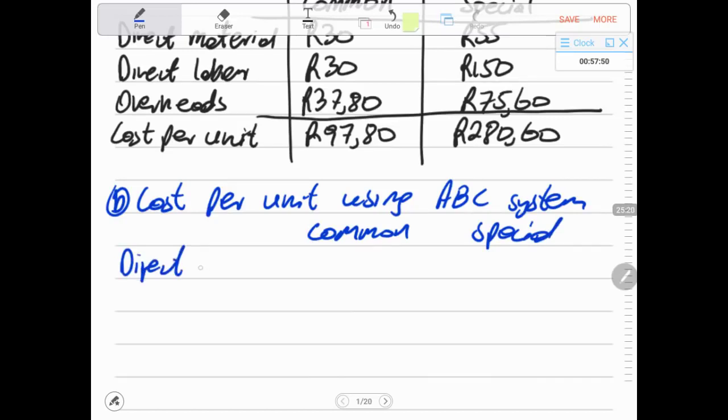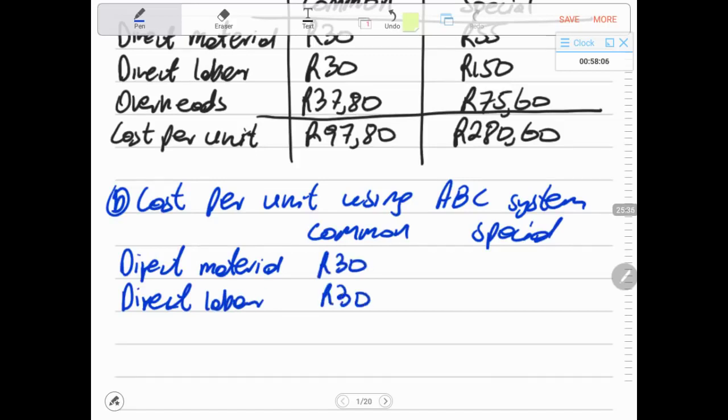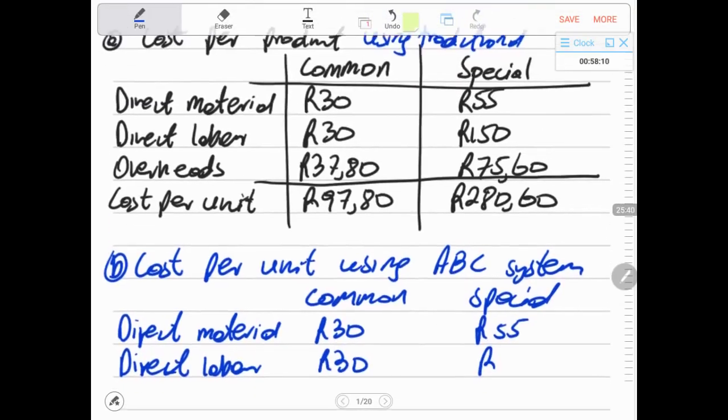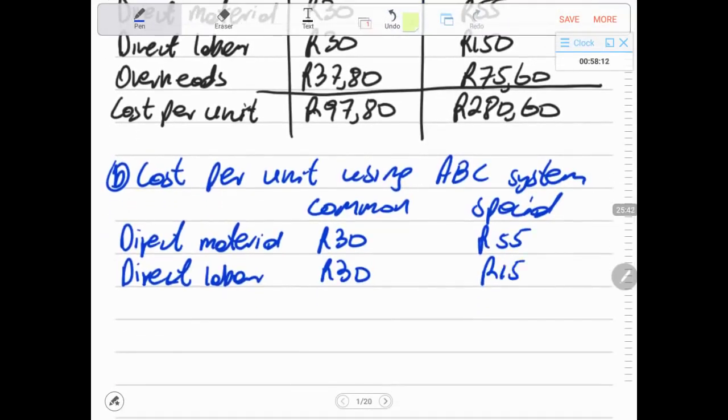They are directly related to the product. So these two costs are not to be allocated. So we had 30 rand here, 30 rand here, 55 rand here, and 150. These costs are not to be allocated.